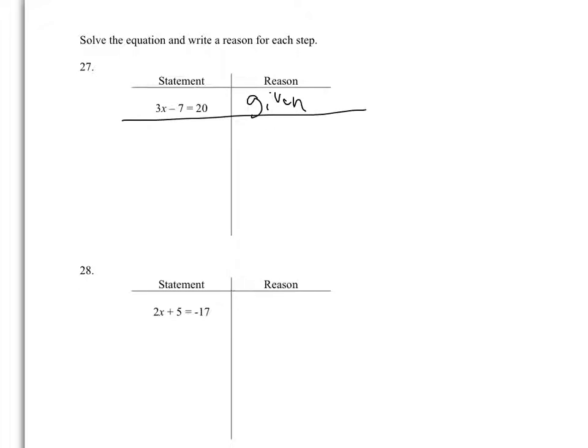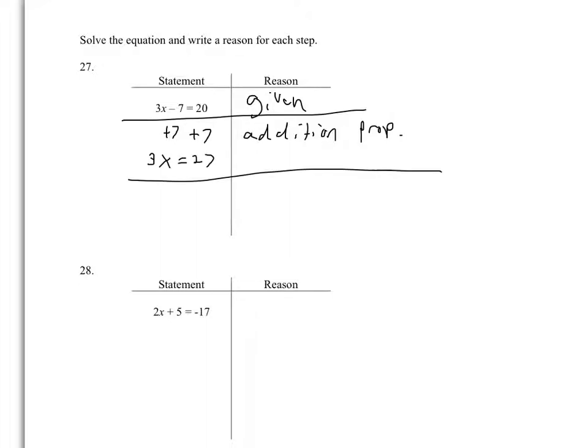All right, now to solve this, I would add 7 to both sides. And the reason I'm allowed to do that is the addition property, and you can abbreviate if you want. When I add 7, the 7's go away on the left side, and I'll have 3x equals 27. Next, I would divide both sides by 3 and get x equals 9.